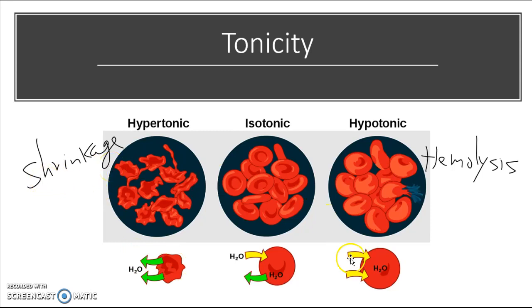Shrinkage. On the other hand, we have hypotonic solutions, solutions with lower concentration than the red cell. Then what is going on? By osmosis, water will go into the cell, and the cell will increase in volume until it produces hemolysis.